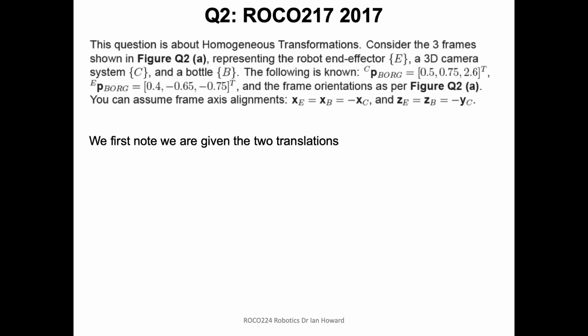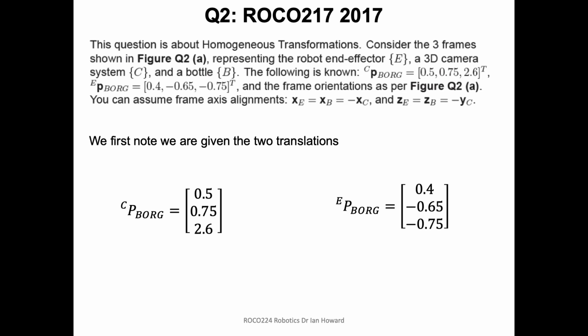And we're given this sort of roundabout route just as an example, really. Okay, so first of all, we write down the two translations that we are aware of. The origin of the bottle frame in C is given by the translation 0.5, 0.75, 2.6, and the origin of frame B in the end effector frame E is given by the XYZ values 0.4, minus 0.65, minus 0.75.